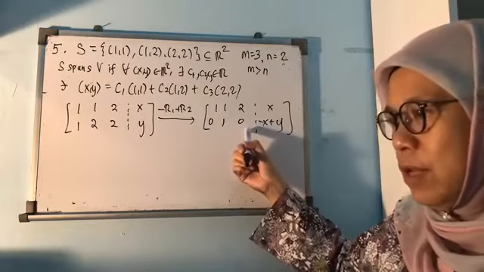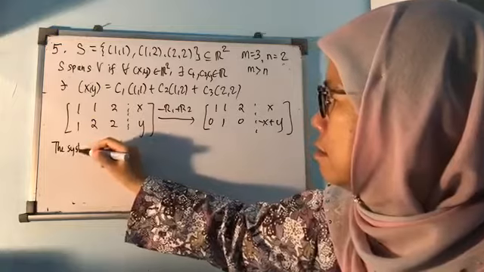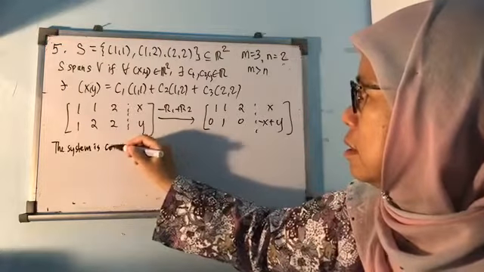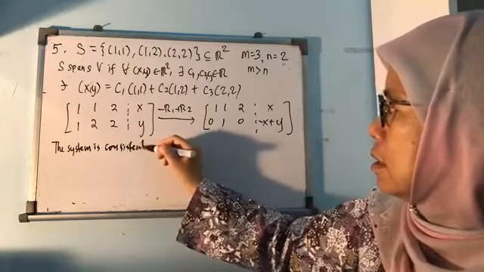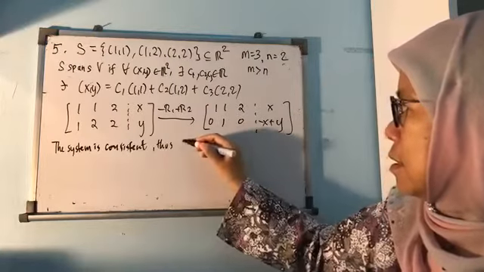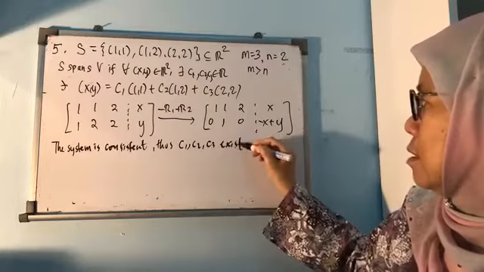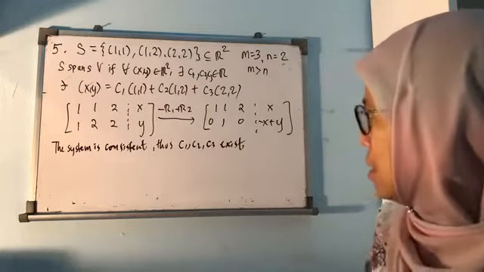C3 is free, but the system is consistent. Thus, C1, C2, C3 exist. Many solutions actually.